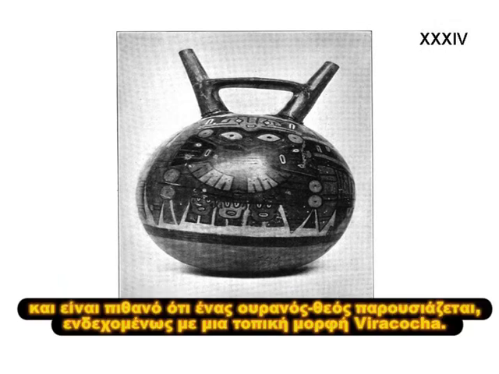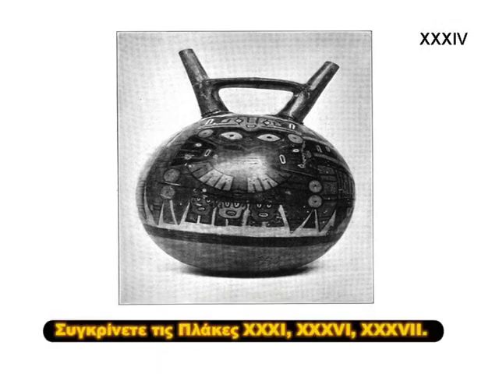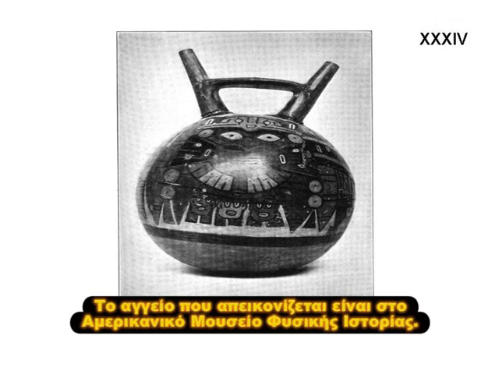It is probable that a sky god is represented, possibly a local form of Viracocha. Compare plates 31, 36, 37. The vase pictured is in the American Museum of Natural History.